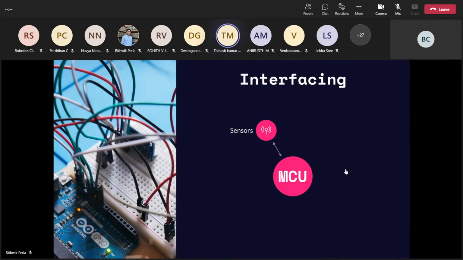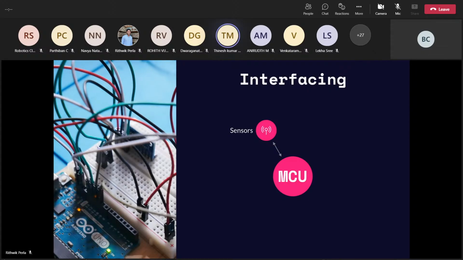Now, as I've already told, we need communication between the outside environment and the microcontroller to make it work. So the first one is the sensors. What kind of sensors do you know, guys?